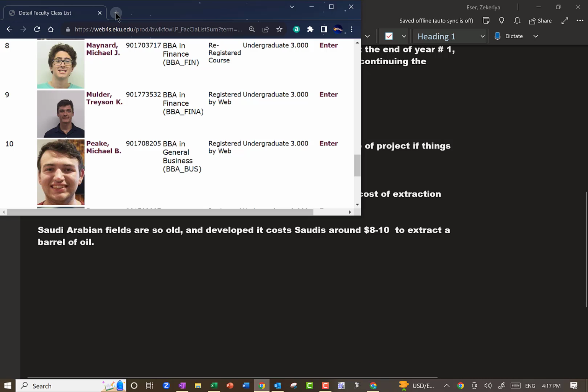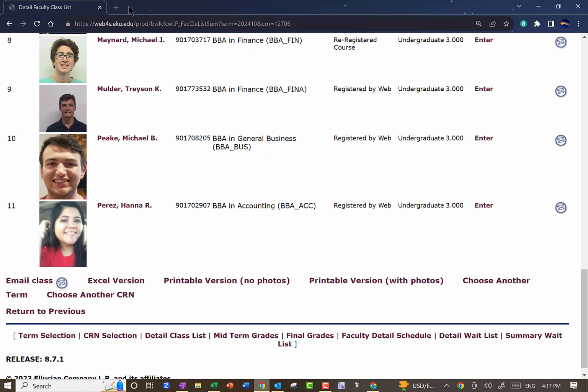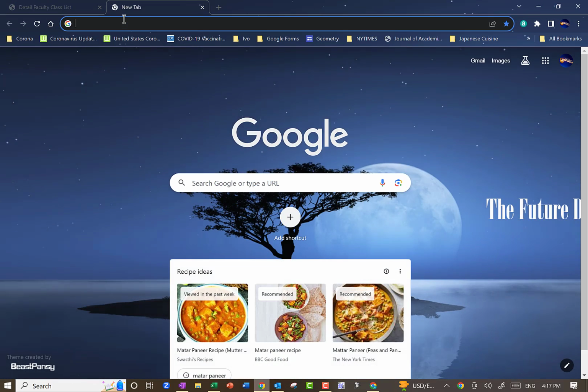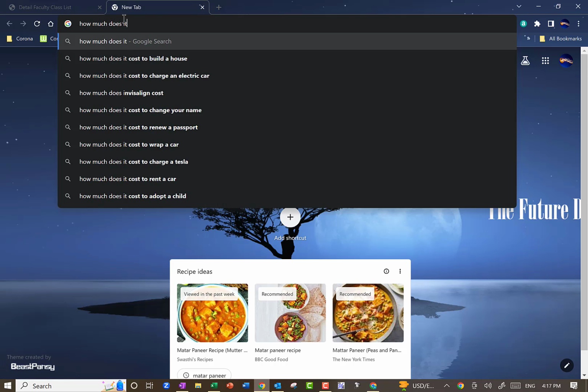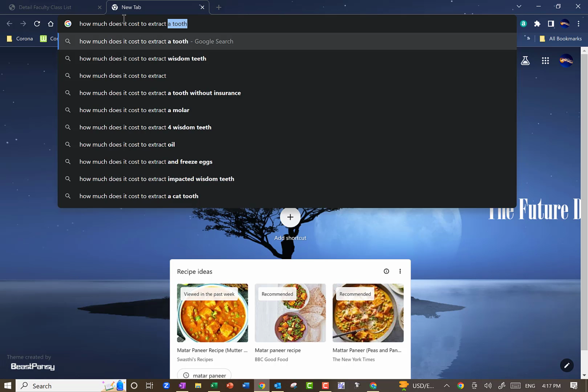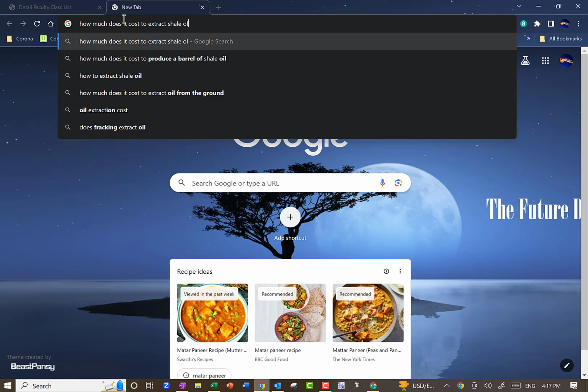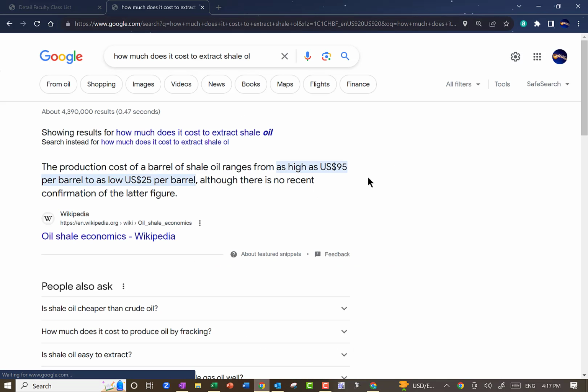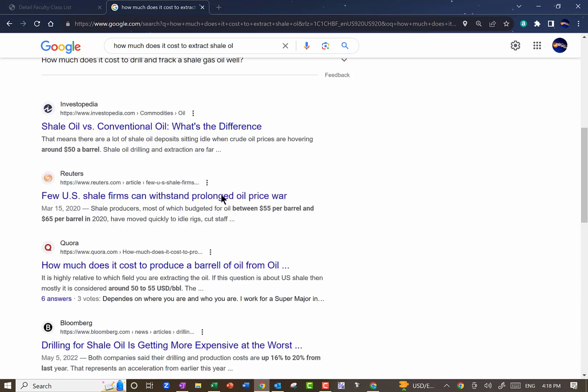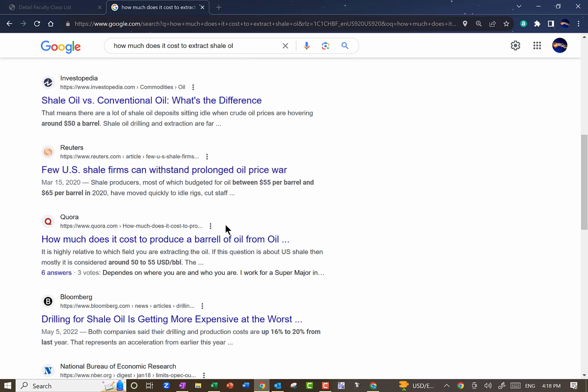Let's find out. How much does it cost to extract shale oil? It ranges as high as $95 per barrel, as low as 25, but it's typically around 50 bucks, okay?